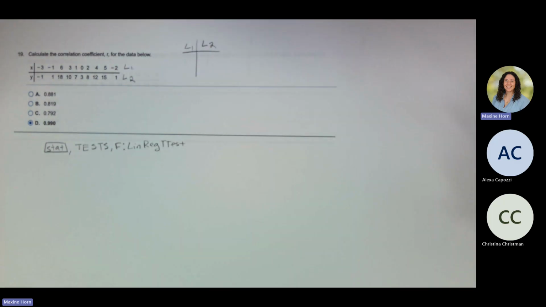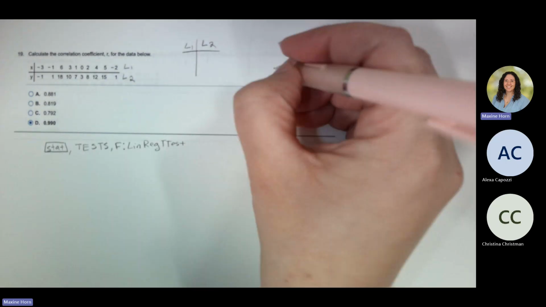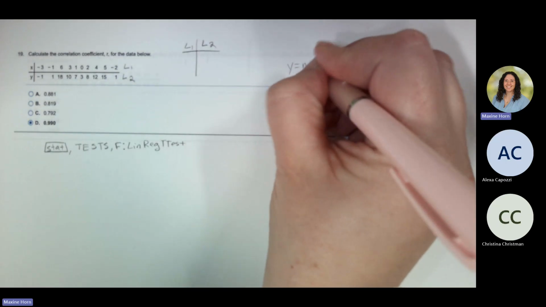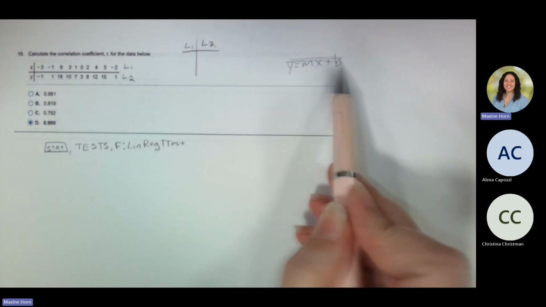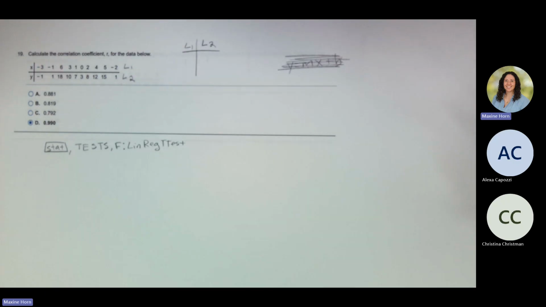Okay, so for those of you that took algebra somewhat recently, maybe you remember, you've heard of y equals mx plus b. That's kind of what's happening here, right? We have a line, but we're not going to be using those letters because the b is not the b here, okay?